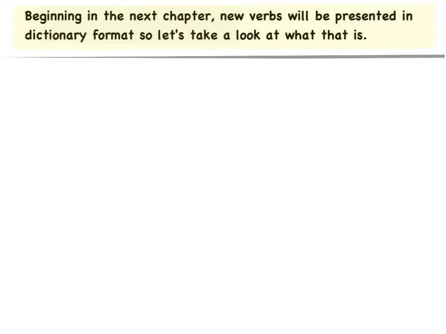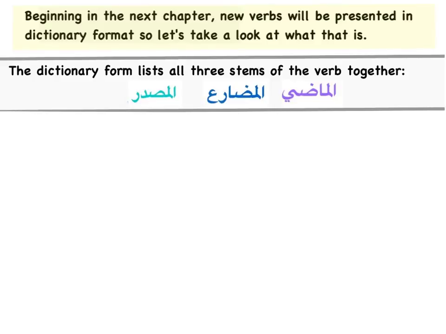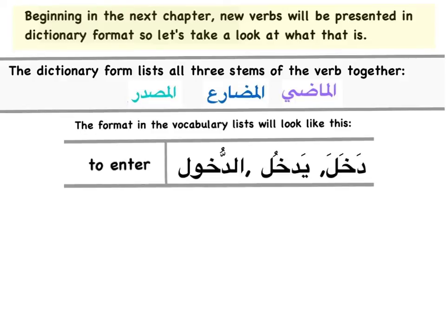Beginning in the next chapter, new verbs will be presented in dictionary format, so let's take a look at what that is. The dictionary form lists all three stems of the verb together: ماضي, مضارع, and مصدر. The format in the vocabulary lists will look like this: دخل ماضي, يدخل مضارع, present, and الدخول is the مصدر entry.